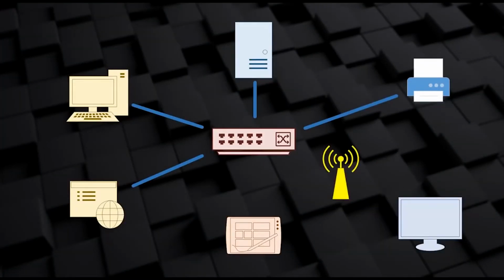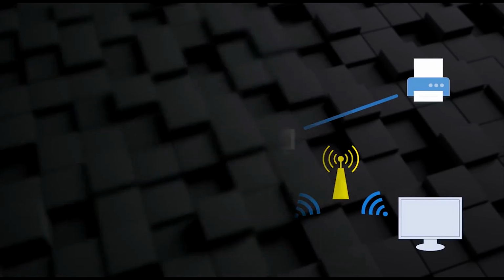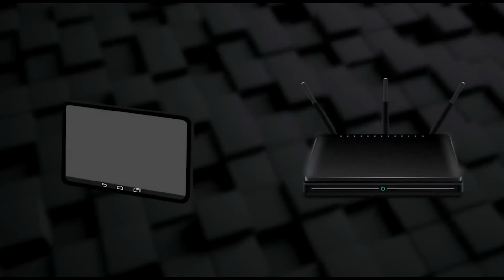We can also connect devices wirelessly. A common way to do this is to use a wireless access point. A wireless network like this is also called Wi-Fi. An example of this is if you have a tablet or cell phone: it is impractical to cable it in, so wireless is a good option.